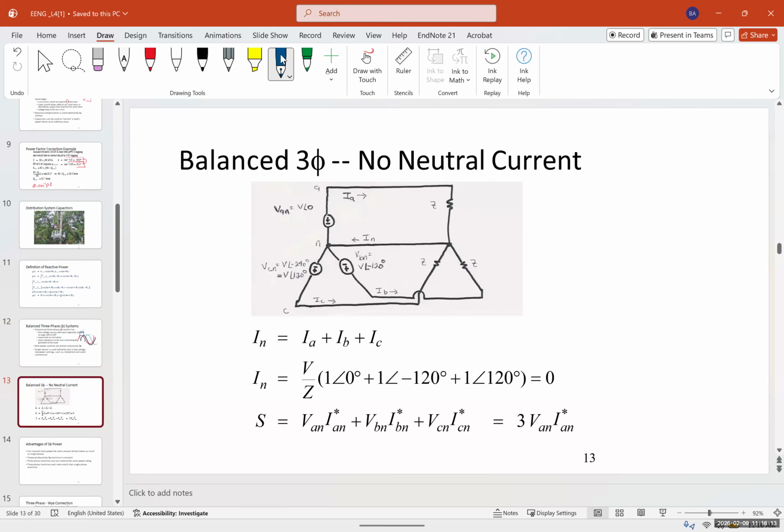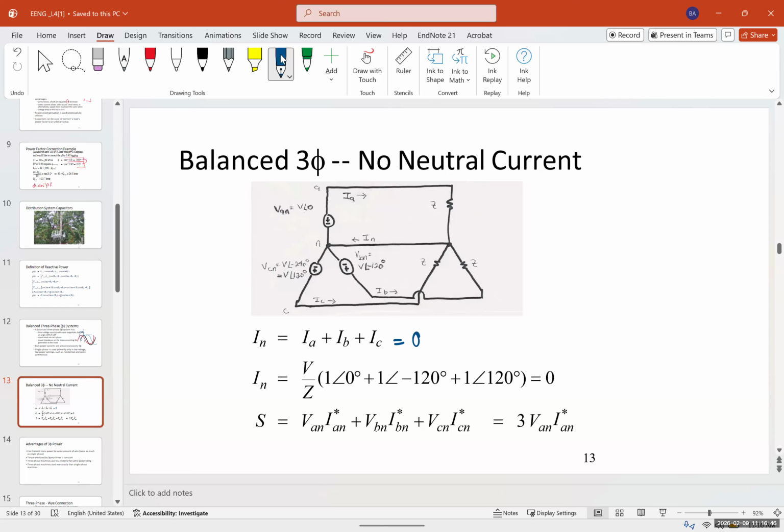Now, this is an example of a balanced three-phase system with no neutral current. You can see that in a three-phase balanced system, I N, the neutral current, is going to be I A plus I B plus I C. And because we have the same voltage, same impedance, but different phases, 120 degrees apart, if we add them, the total neutral current would be 0.